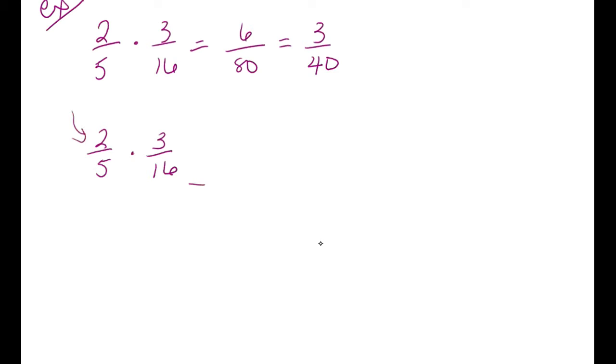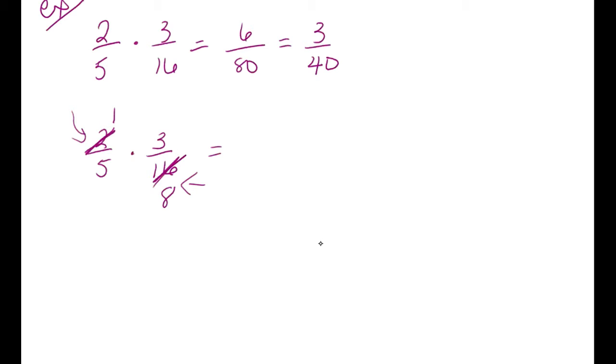So I'm going to look at 2 and I'm going to look at 16. And both of those numbers are divisible by 2. So I'm going to start actually by dividing each of them by 2. So 2 divided by 2 is 1, and 16 divided by 2 is 8. And when I look at 3 and 5, they don't have any common numbers, so there's nothing else I can do there.